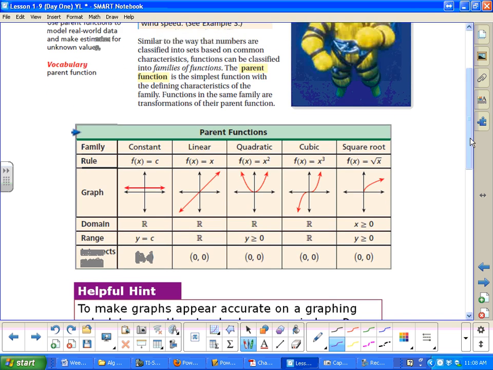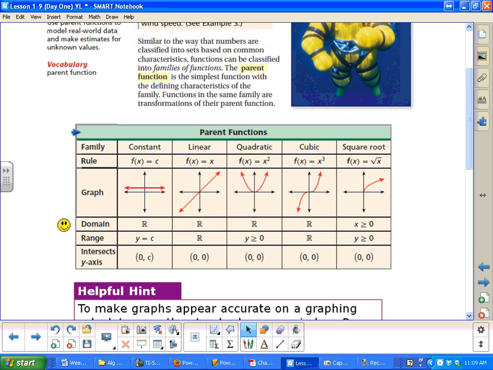With these parent functions, we tell what family it is, the rule, what the most basic graph looks like, and the domain.